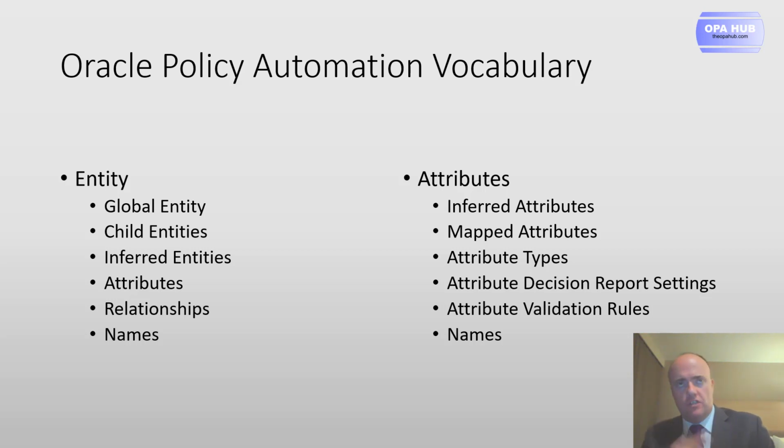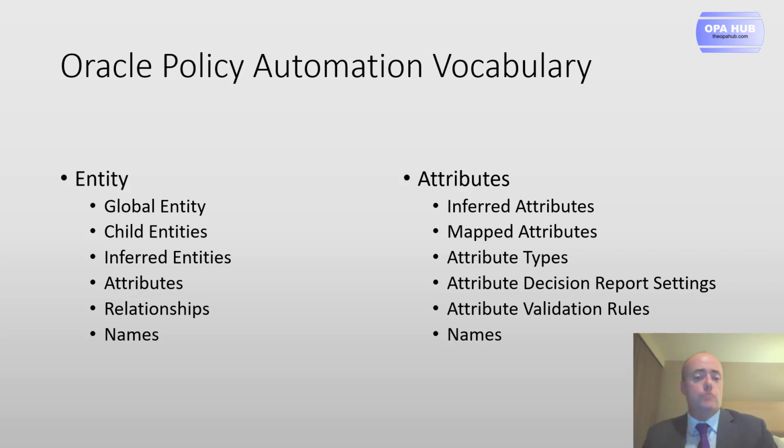You can also design lots of child entities. So if you think about it, this isn't too far away from a Siebel business object where you have a primary business component and lots of child business components. We can have an inferred entity in Oracle Policy Automation, which is a bit like calculated entities. We infer they exist through code, through rules. Our entities can have fields.